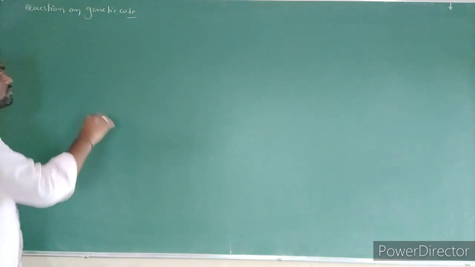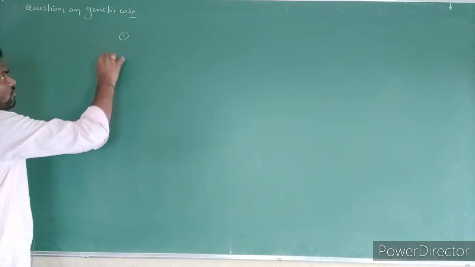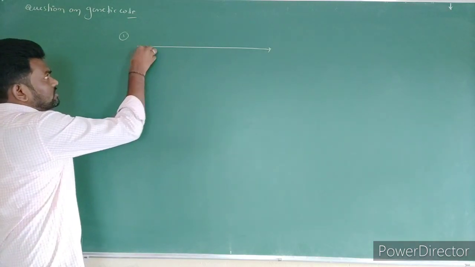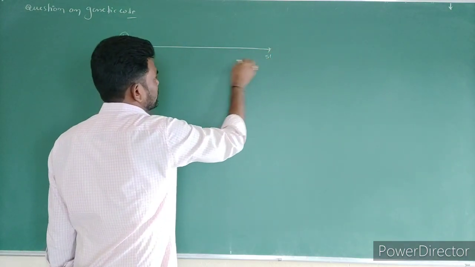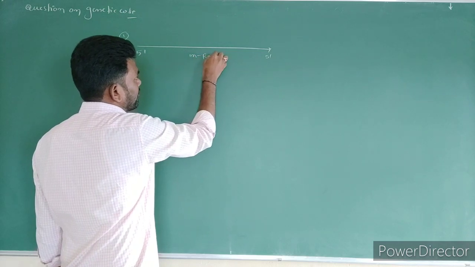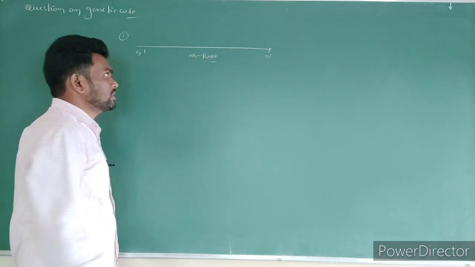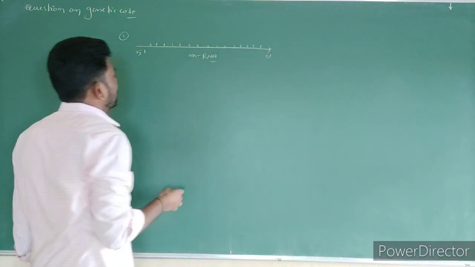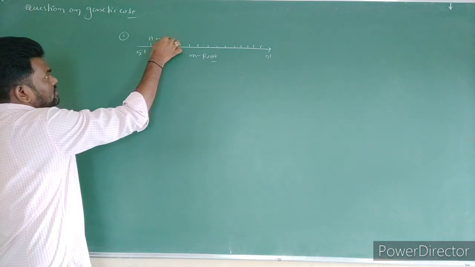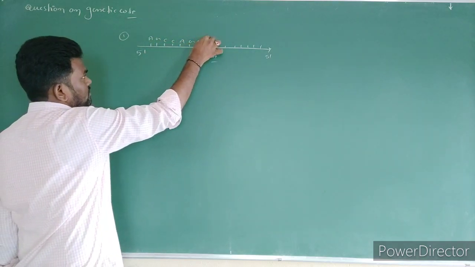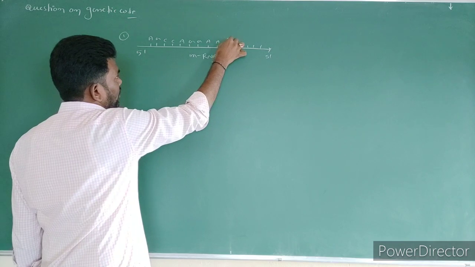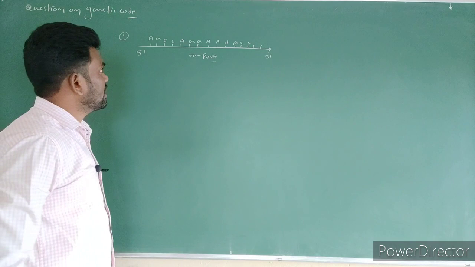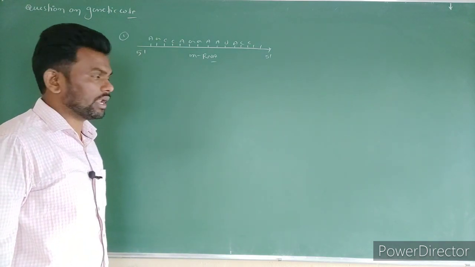Let's first see how they are going to ask questions on this concept. For example, one random sequence is given, 5 dash to 3 dash. Which one is mRNA? The sequence is, for example, A G C C A G G A U A C C. Now the question is, how many codons are present on this mRNA?